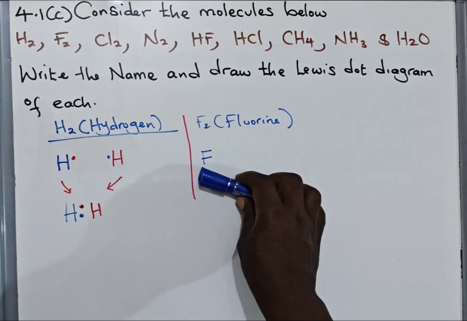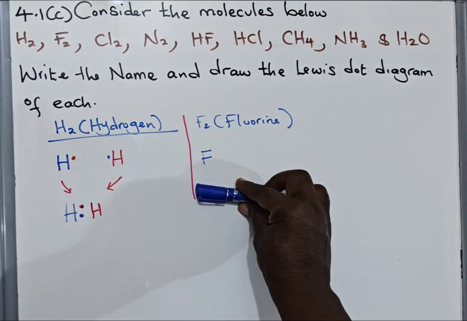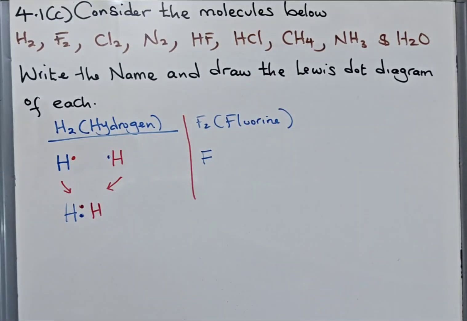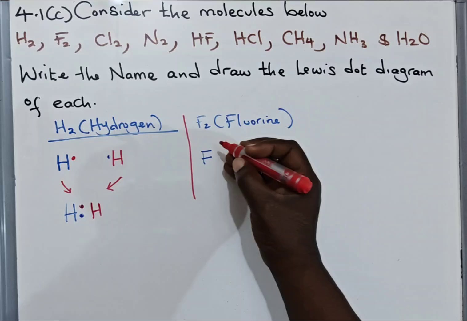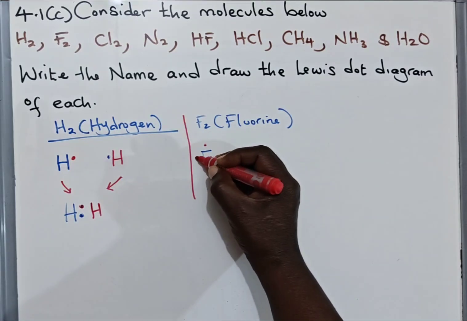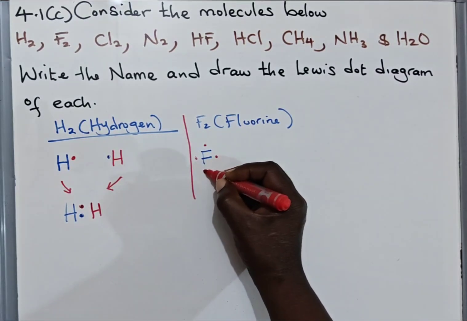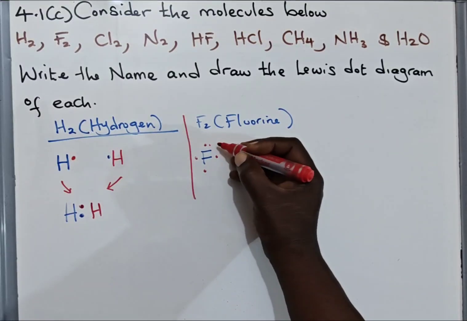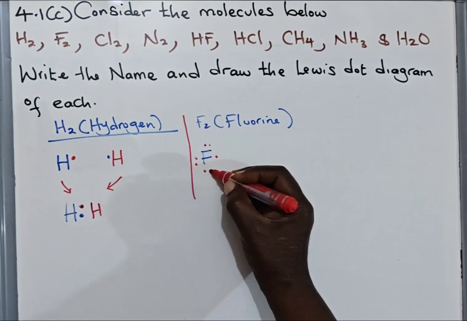What you do is write the symbol. Next, you trace the group number. Fluorine belongs to group 17, and group 17 has 7 valence electrons. We distribute them: we first distribute 1 at each corner, then 4, 5, 6, and 7.